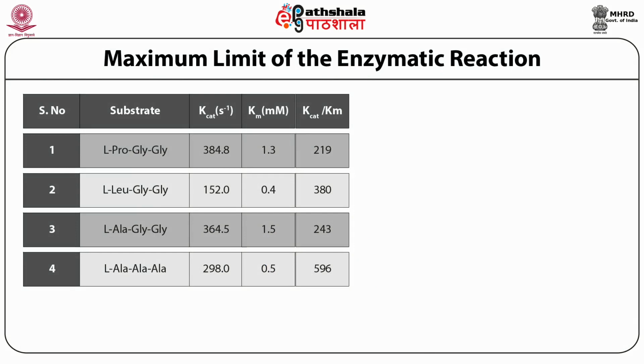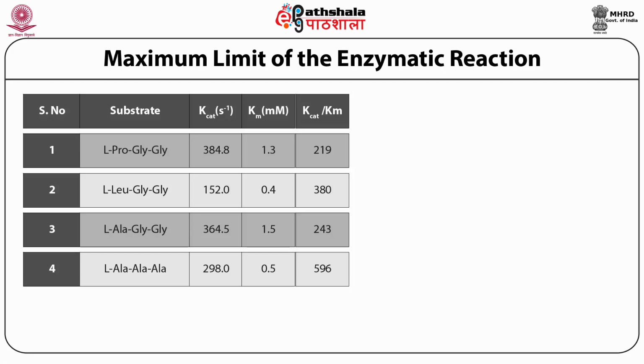So we have discussed kcat by Km. Let's solve a question based on kcat by Km. We have an enzyme, amino peptidase, that converts tripeptides into product.